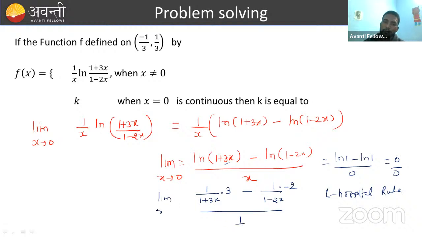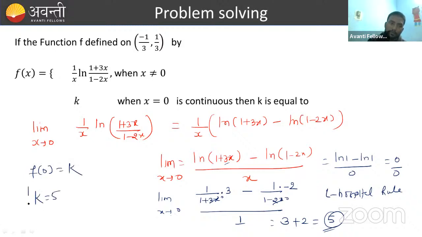Now if you put x tending to 0, this will become 0 and this will become 0, so it remains 3 by 1, which is 3, and minus minus plus, that is 2, so it is equal to 5. So the limit value is 5, and also f of 0 is k. So if it is continuous, then the value of k is 5.